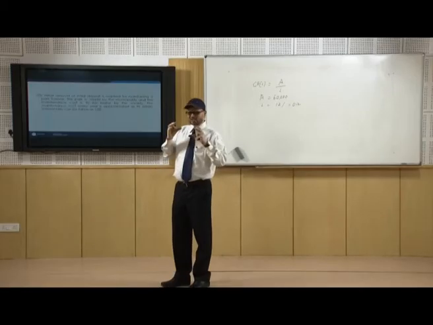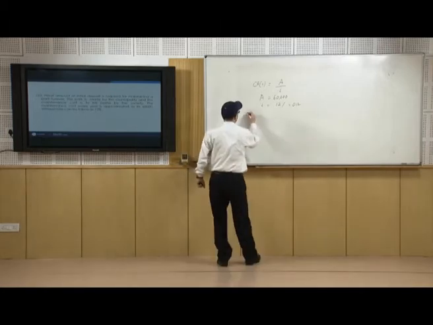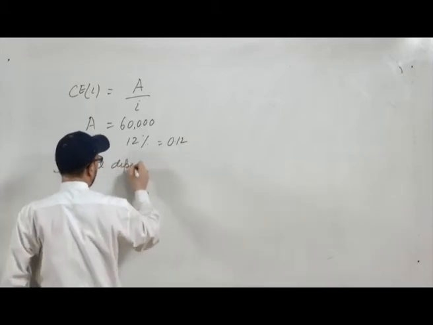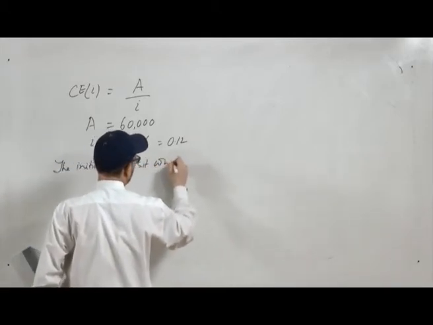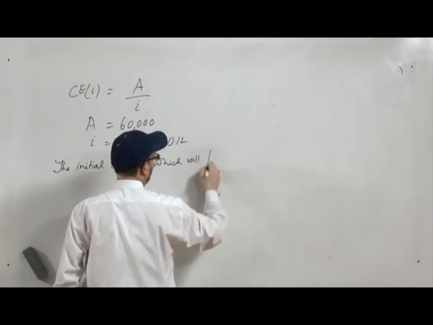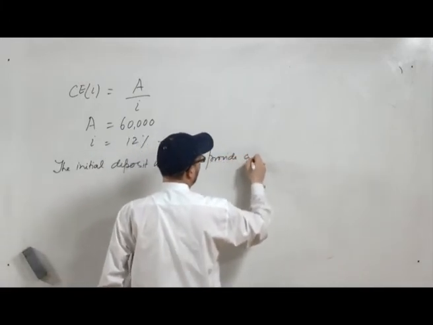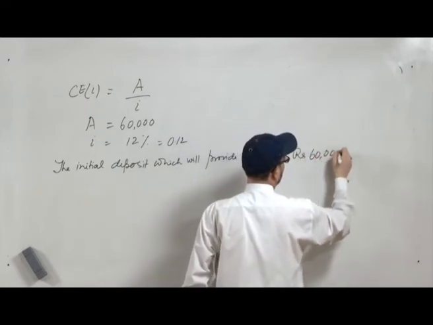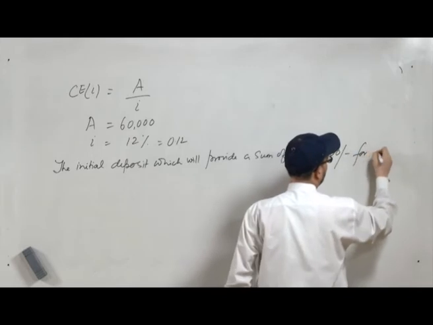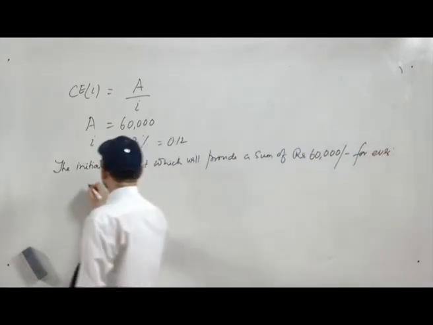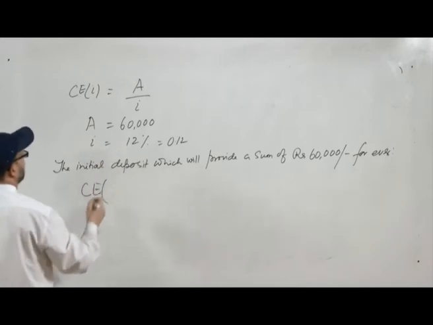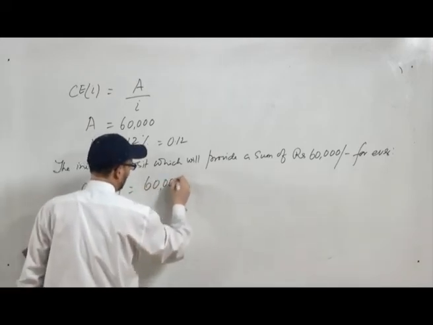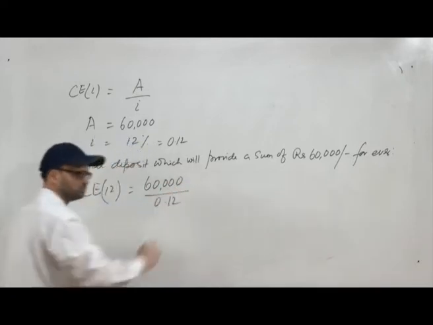So, the initial deposit which will provide a sum of rupees 60,000 forever, that is capitalized equivalent at 12%, will be 60,000 divided by 0.12.